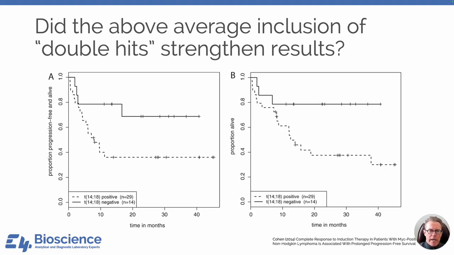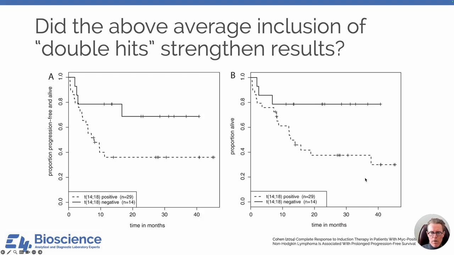I really did want to get back to my earlier comment about the higher than expected number of patients with mutations or double hits. And I personally think that this strengthens the results of this publication. By including more than you would expect, you would anticipate it being harder to achieve a difference in progression-free survival.